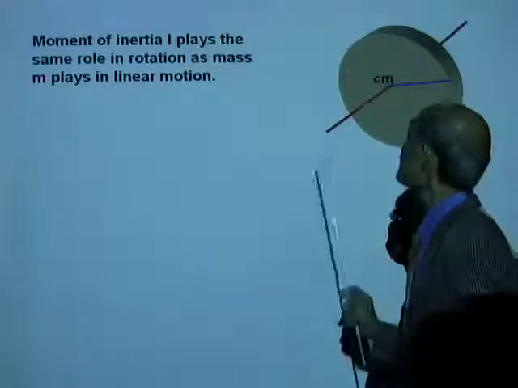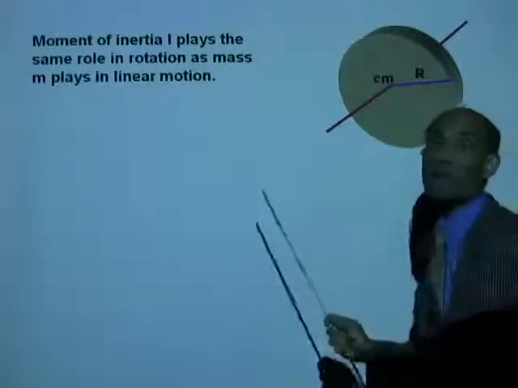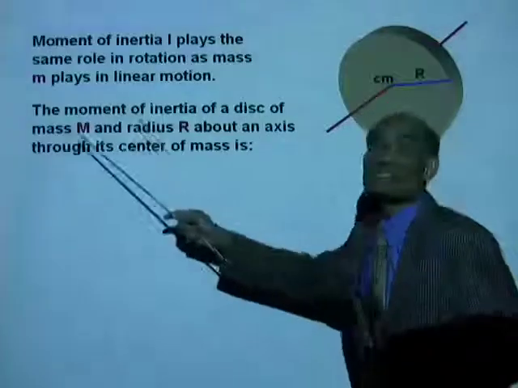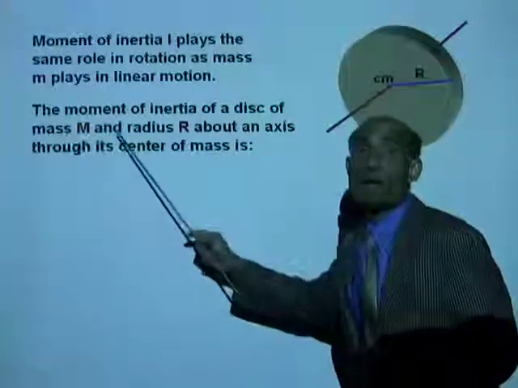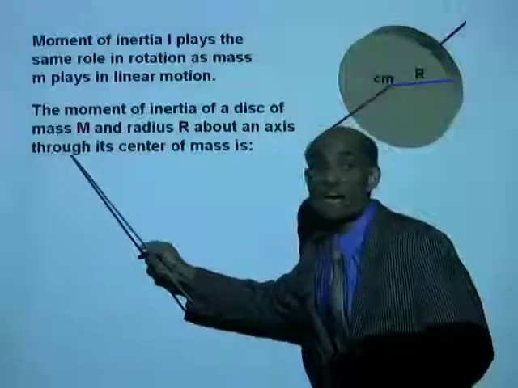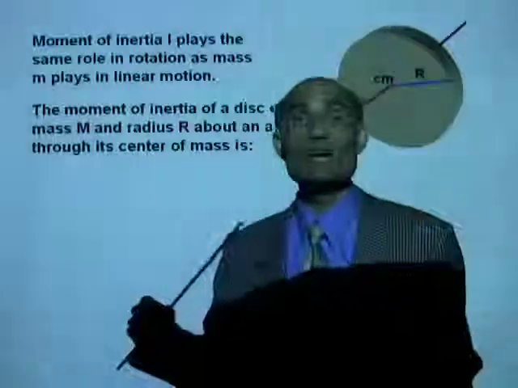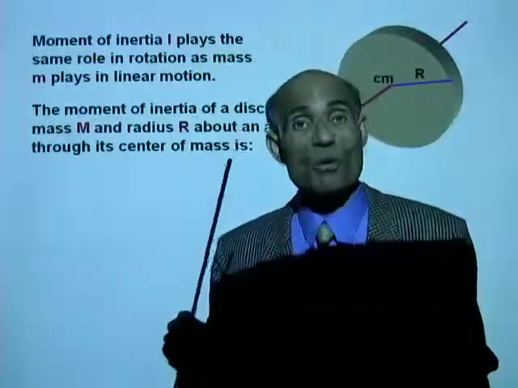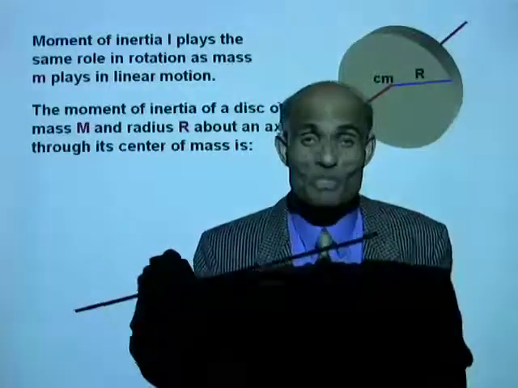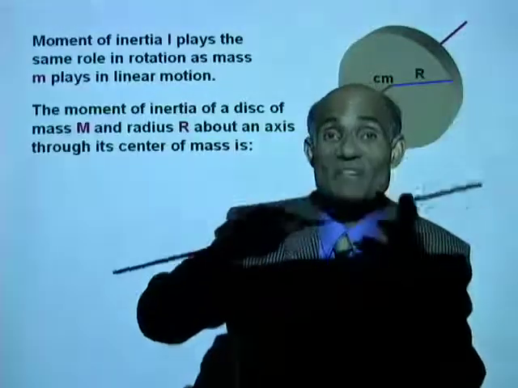This cm stands for the center of mass. It has a radius r and a mass m. Now, the formulae I'm going to give you are all the moment of inertia of regular objects about an axis that passes through their center of mass.